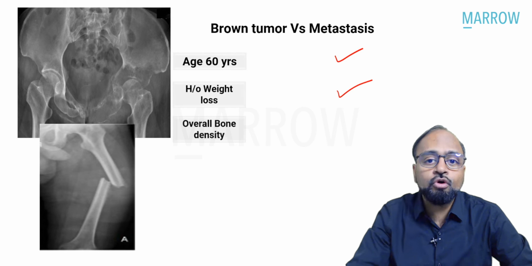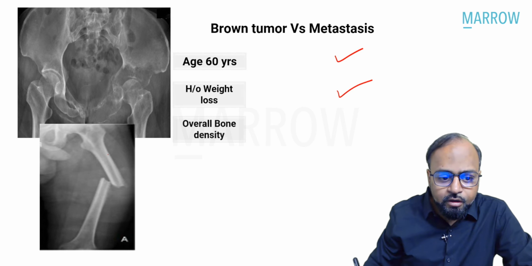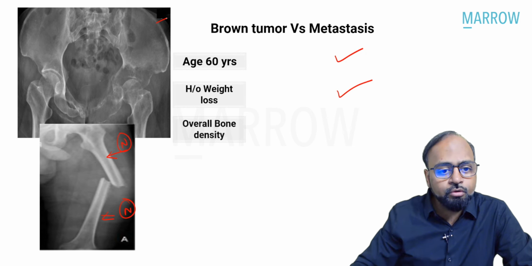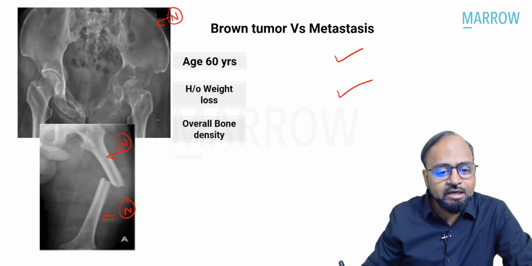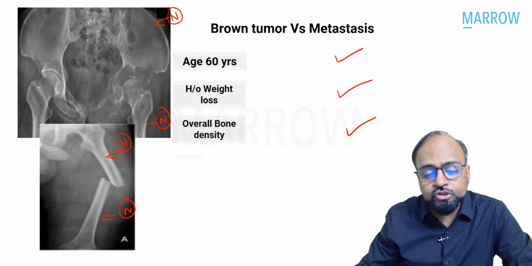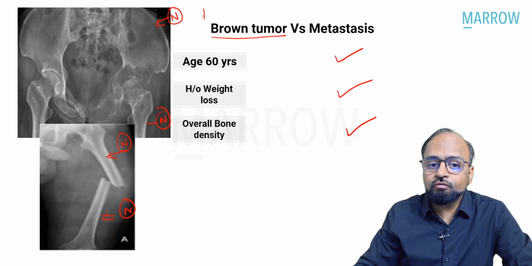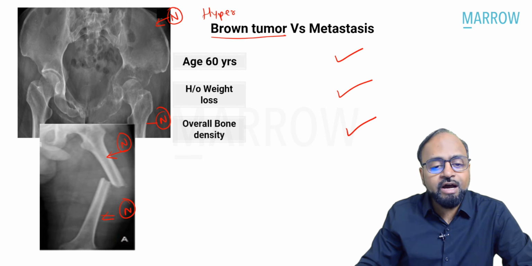What was the overall bone density? If you look at the radiographs here, the overall bone density otherwise looks normal. This is a point more in favor of metastasis. Why? Because brown tumor is a feature of hyperparathyroidism.